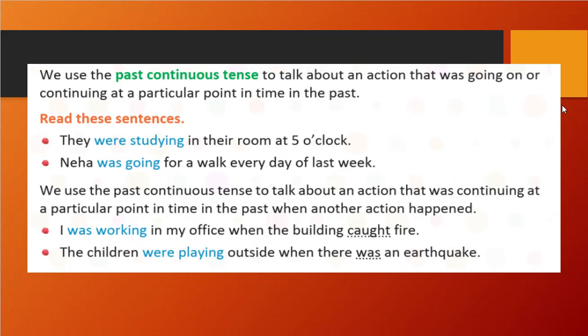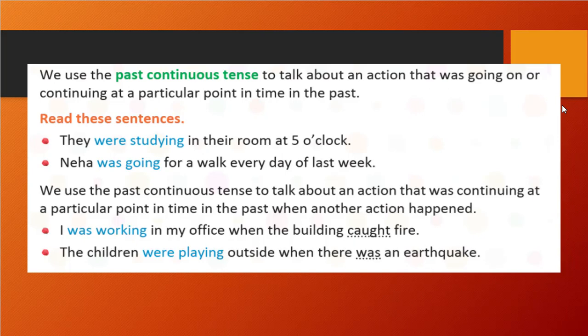So Neha is going, right? If Neha is going today, in the present, she is going. If suppose Neha is currently walking when I talk, at that time we will use present continuous, is going. And Neha already went. In the past it happened.